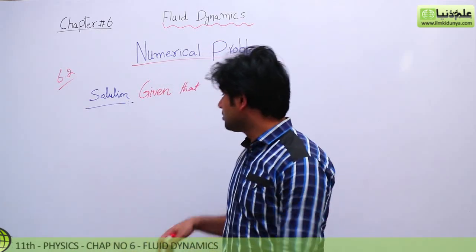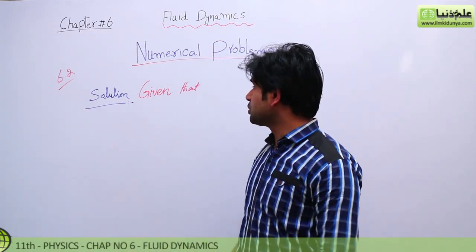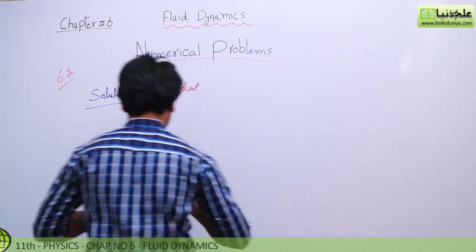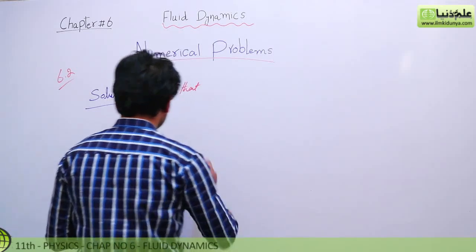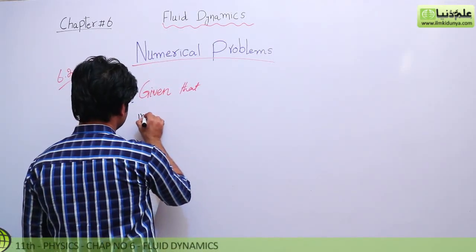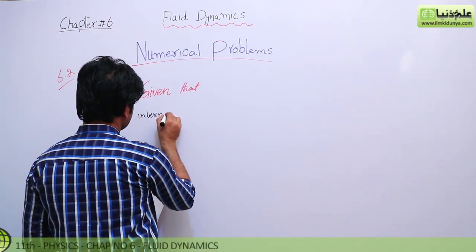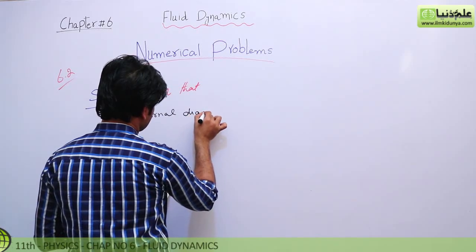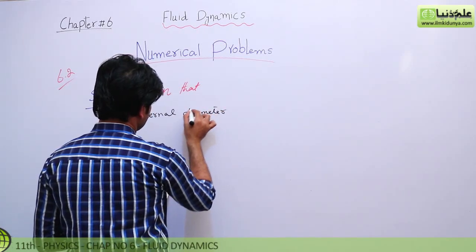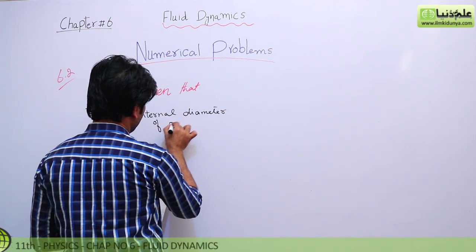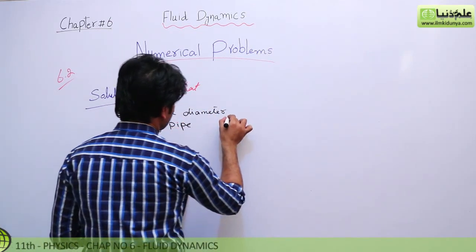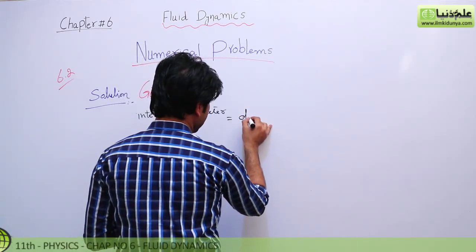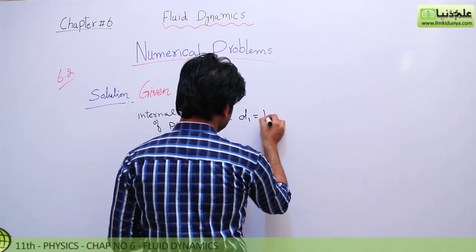First of all, to solve this problem, we will write the given data. Internal diameter of hose pipe, which we can assign as D1, is given as 1 centimeter.